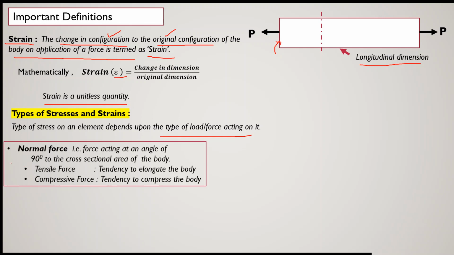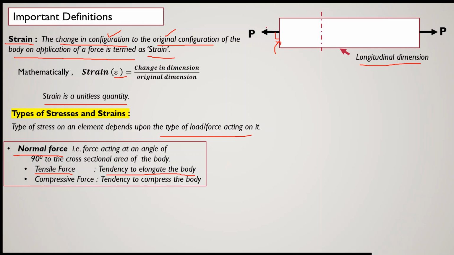Now, in general, we will be interested in normal force. If you see here, this force is making an angle of 90 degrees. So it's a normal force. Force acting at an angle of 90 degrees to the cross-section area of the body. Now, a tensile force has the tendency to elongate the body.